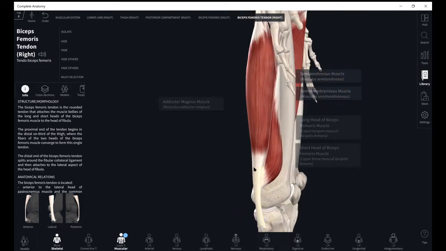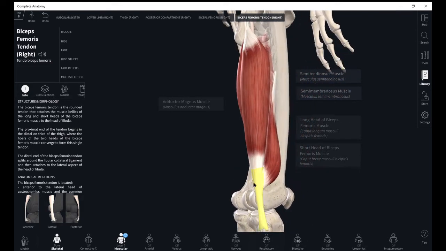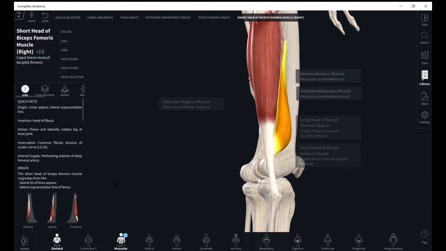So it has an attachment onto the biceps femoris tendon as it travels via that tendon down to the head of the fibula. Its action is going to be flexing and laterally rotating the leg at the knee joint, and its innervation is the common fibular division of the sciatic nerve, L5, S1, S2.